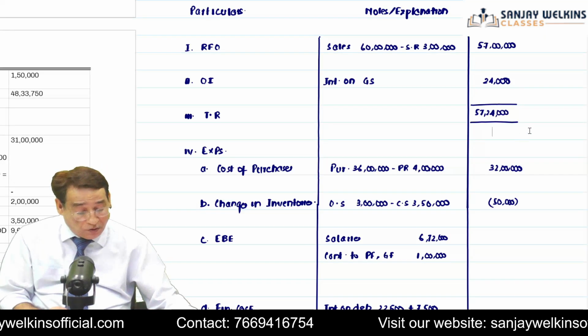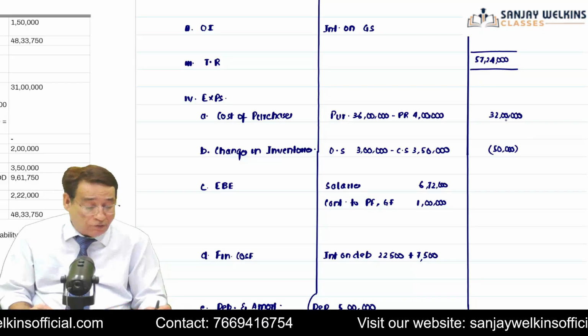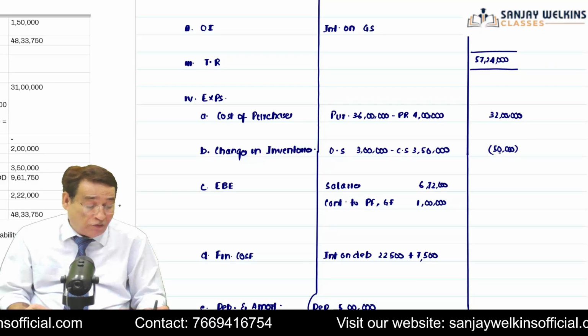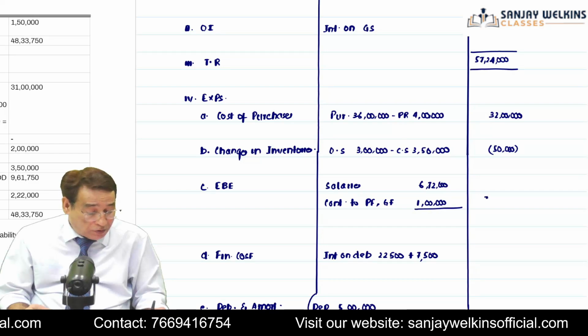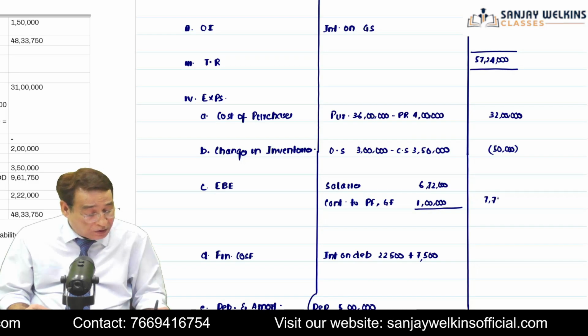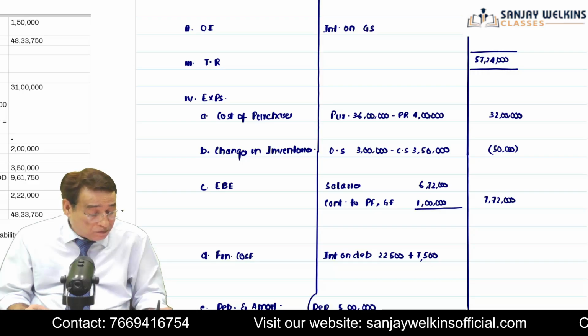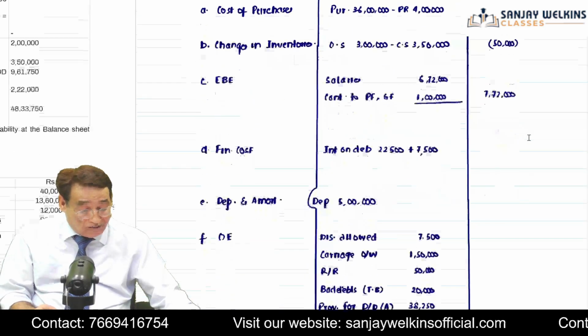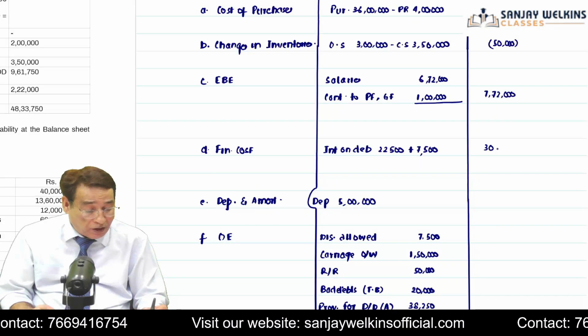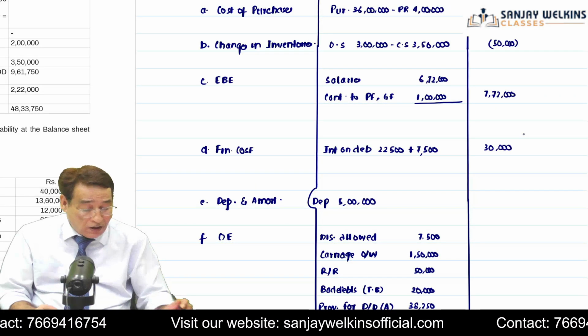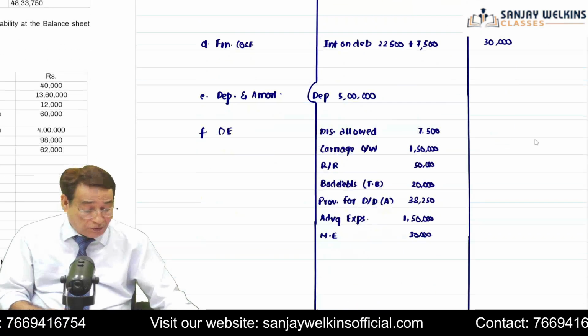Then I am going to compute the total of purchases. Of course, it's 32 lakh. Changes in inventory negative. As far as salaries are concerned, it will be equal to 7,72,000. Then interest on debenture, 22,500 plus 7,500 will be equal to 30,000. And I will have to compute this total.